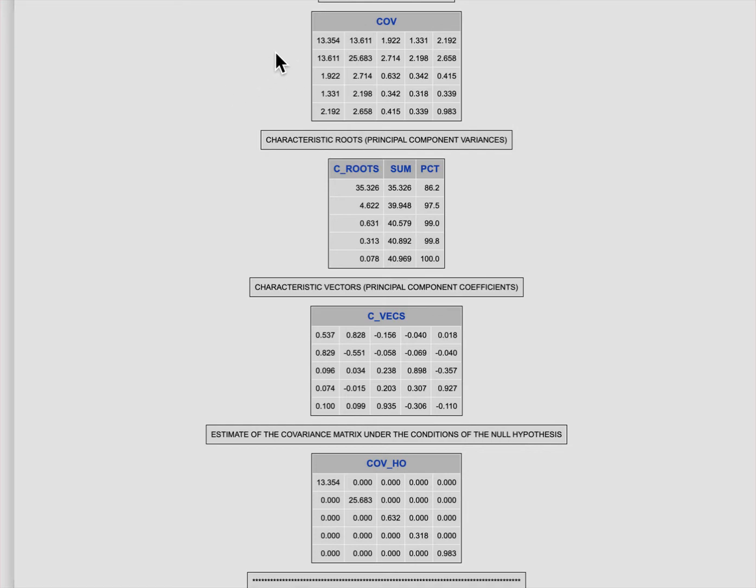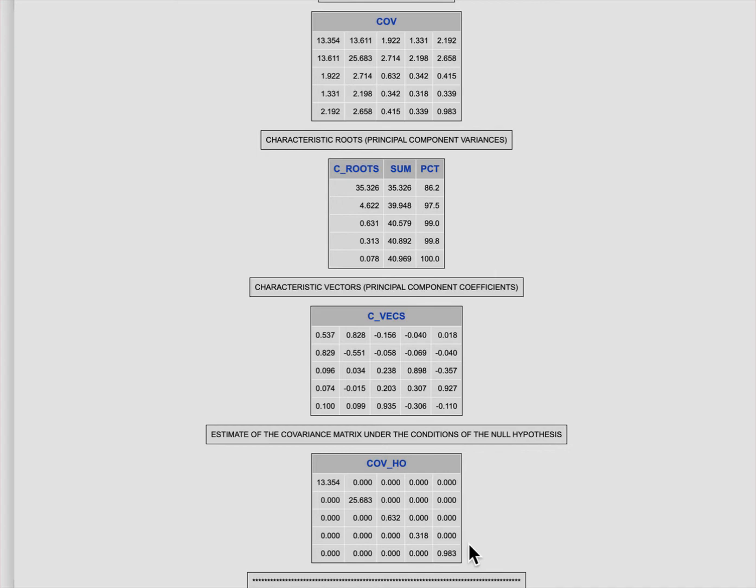To demonstrate this, just look. Notice that these diagonal entries up in this general sample covariance matrix, 13.354, that's the same value we've got down here. 25.683, the same value we have down here. The diagonal entries in this matrix are the same as the diagonal entries in the matrix that the procedure actually calls for.